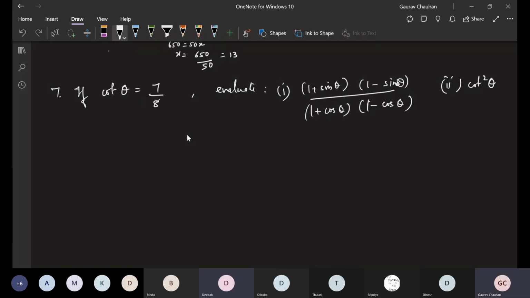Okay, so first thing, what will you do? Draw a triangle. Yes, sir. Okay, mark theta. Suppose this is adjacent, this is opposite, this is hypotenuse. Now Deepak, tell me where you will write 7x and 8x.